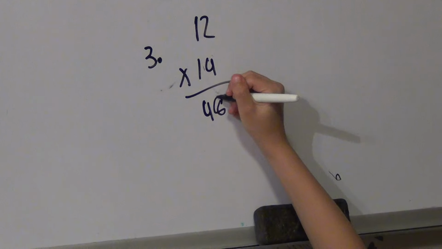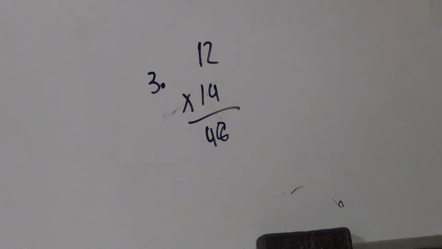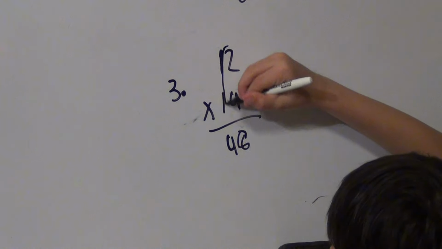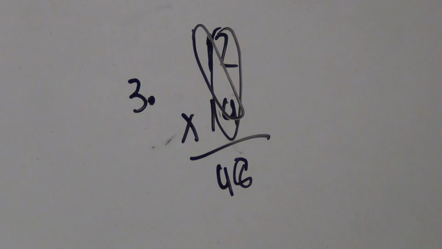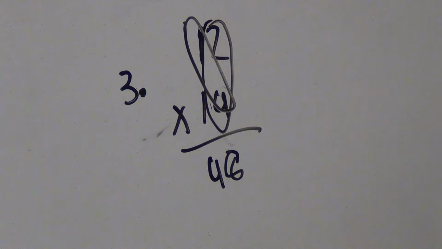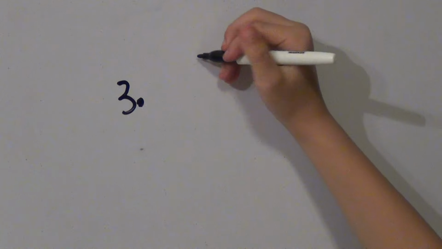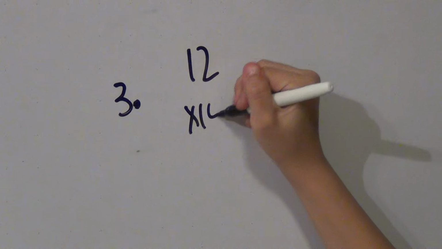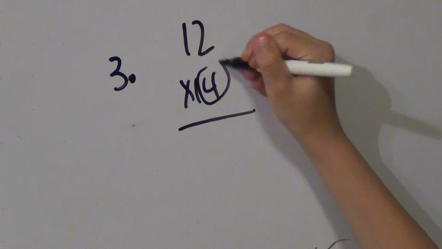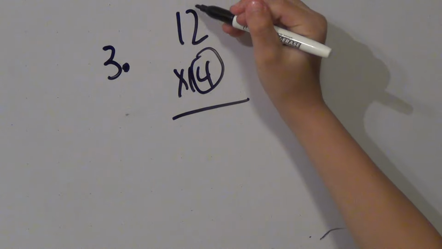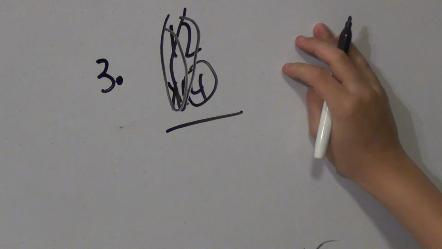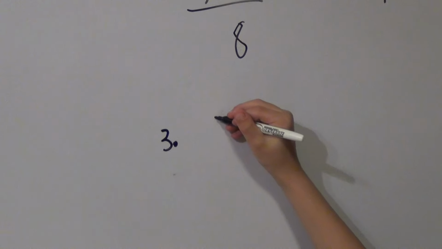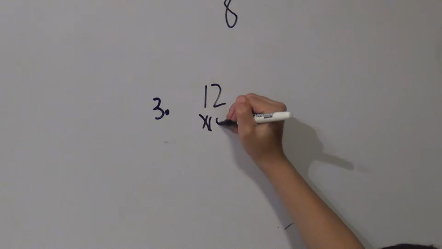Now we're going to do the same thing as we did earlier, this and this, but instead of the 4, we do it with the 1, like this and this. That will be our next 2 steps. But for step 3, those are not our steps. For step 3, it's this.